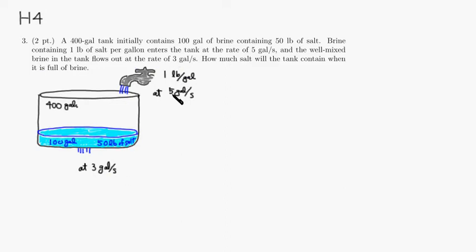So you're pouring in at the rate of 5 gallons per second and pouring out at the rate of 3 gallons per second, which means that the water level is increasing at the rate of 2 gallons per second. Right?